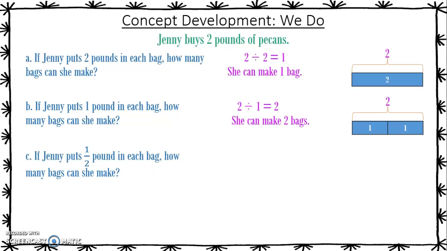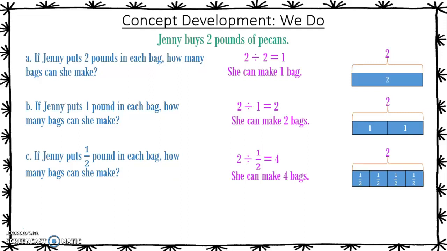Now I have to think, what is 2 divided by 1/2? Well, if I know that there are 2 halves in one whole, then there would have to be 4 halves in 2 wholes. So 2 divided by 1/2 would give me 4 bags.